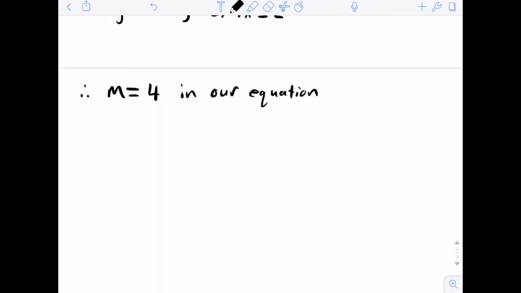Next, we're going to use the point slope formula with the slope we just calculated and the point we were given in order to get the rest of the equation.